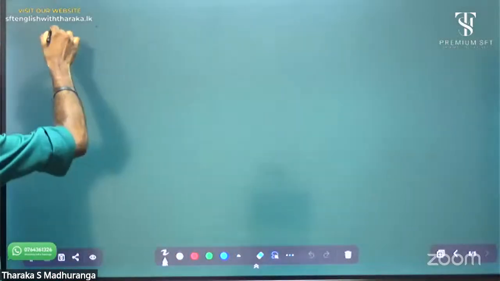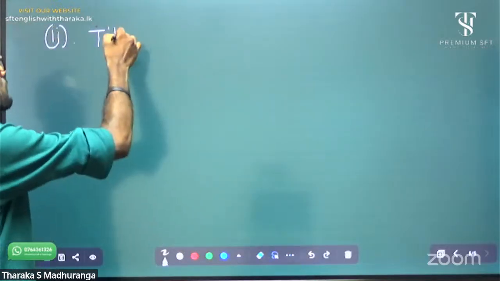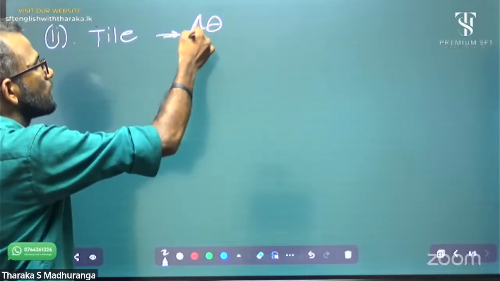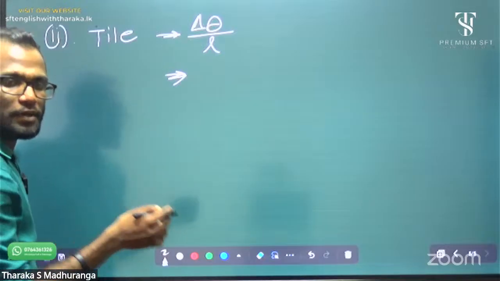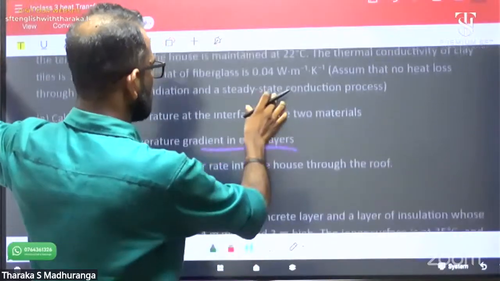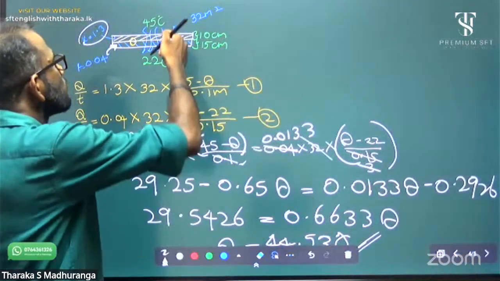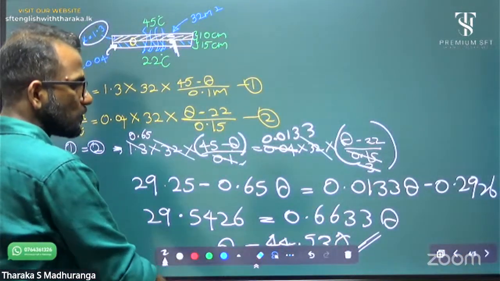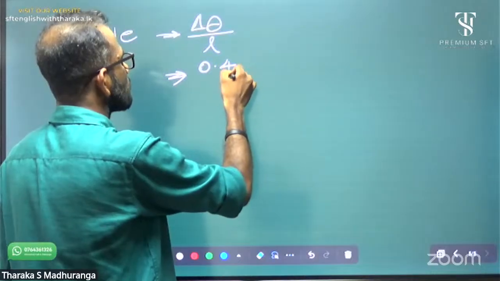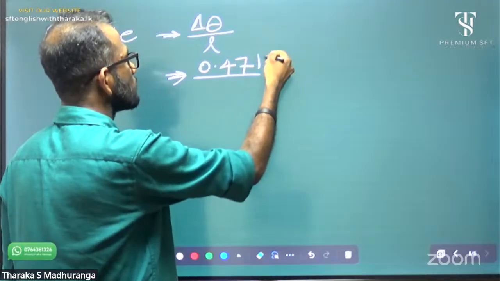In the second part, the tile layer, temperature gradient is delta theta over L. Temperature difference is 0.47, right? 0.47 Celsius or Kelvin is the temperature difference.